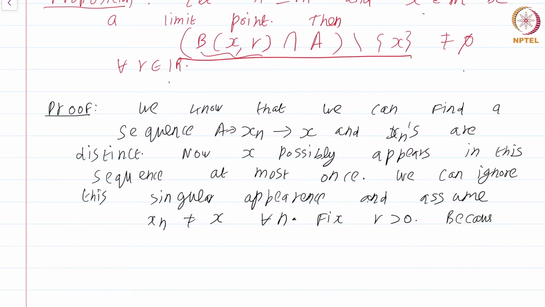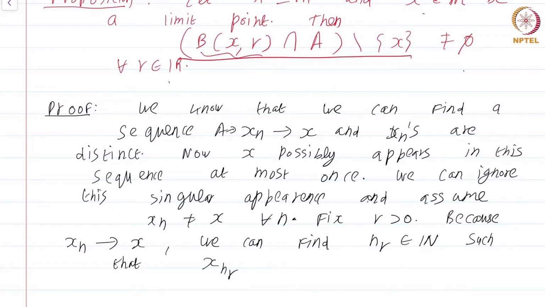Because x_n converges to x, we can find n_r in the natural numbers such that x_{n_r} is an element of B(x, r). This is just one of the equivalent ways of formulating convergence of sequences, the neighborhood or the open topological formulation that we dealt with.